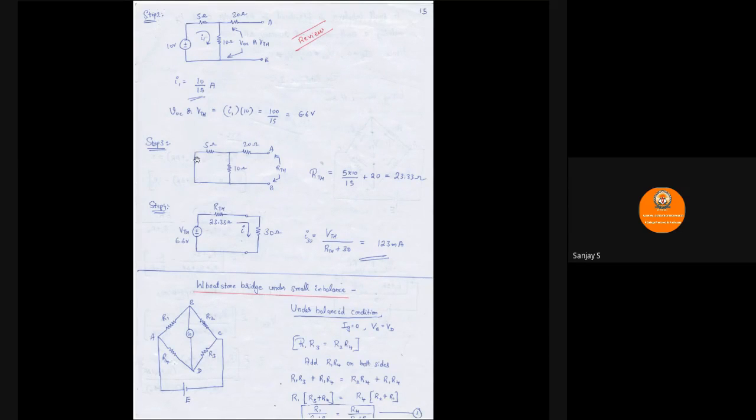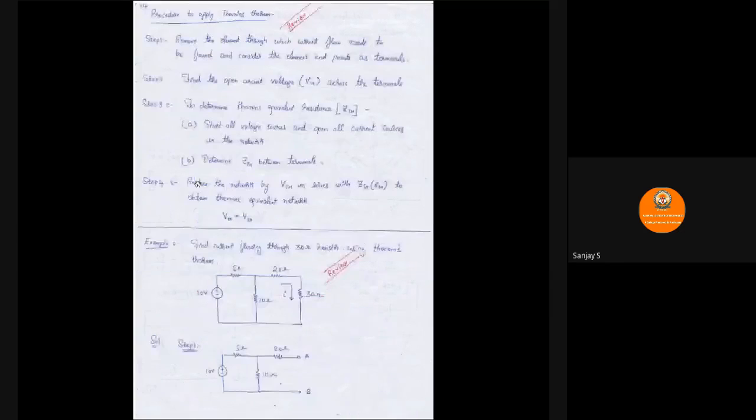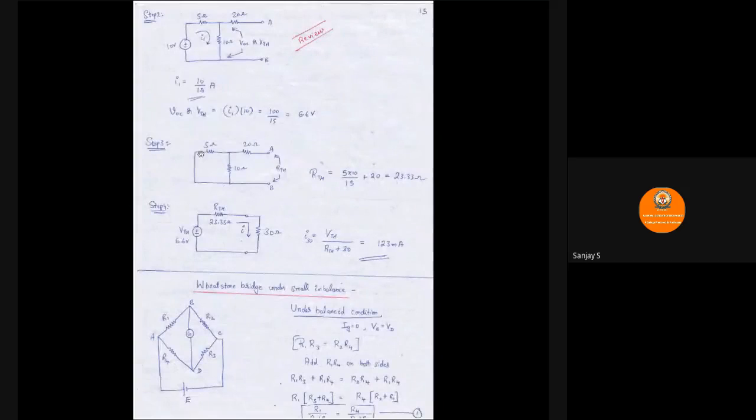That is, I have replaced the battery by a line. Here you can see there was a 10-volt source. This is now replaced by a line, a short circuit. If you replace that by a connecting conductor, you have 5 ohm, 20 ohm, 10 ohm, and now I am supposed to find the equivalent resistance here. So how do you find the equivalent resistance? 5 and 10 are connected in parallel.